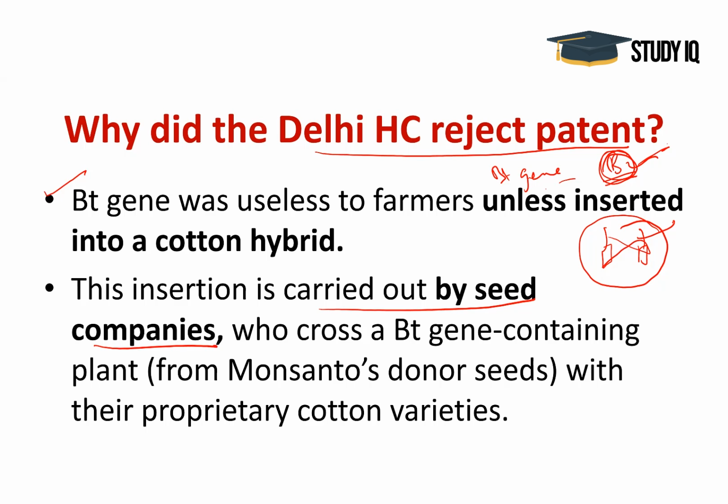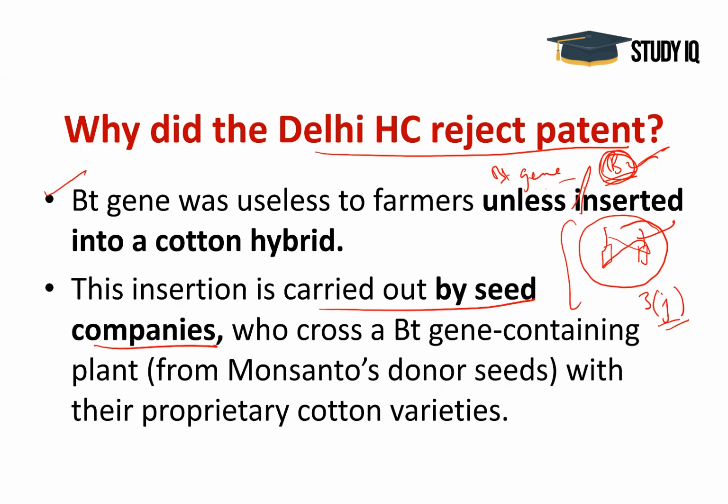Why? Because in India, there is India's Patent Act, and it's section 3J, right? It is written there that a seed or a plant or a biological process to create a seed or plant cannot be patented. So this technology, on which Monsanto was asking for the patent, according to India's Patent Act, cannot be patented.